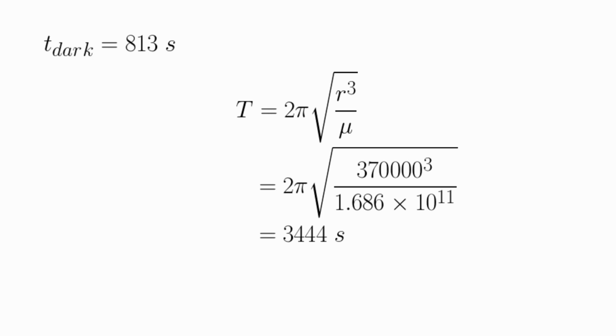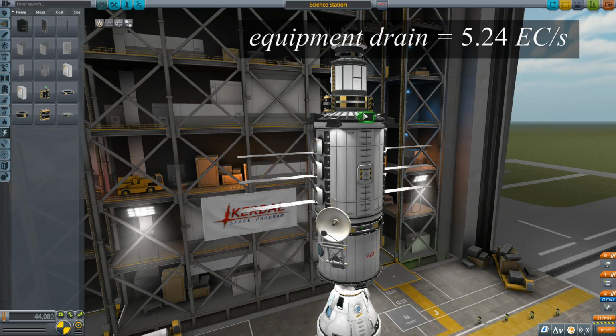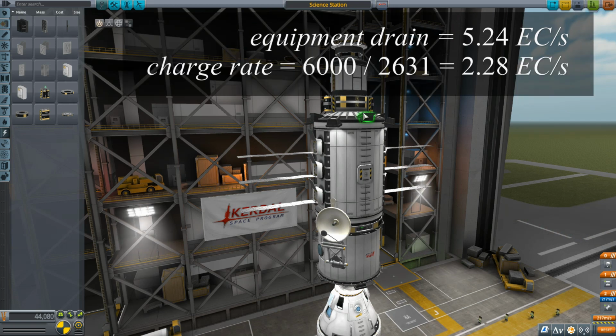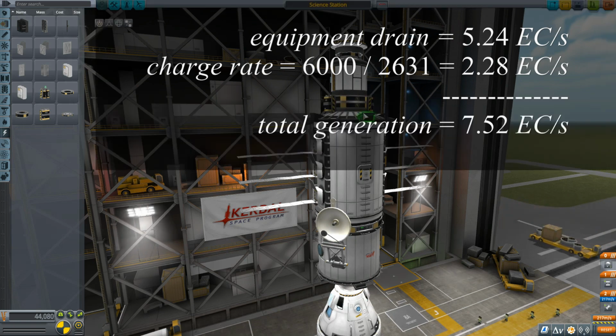Subtract the 813 seconds we'll be spending on the night side to realize that on the day side we are going to be 2,631 seconds in the light. So we have 2,631 seconds in which to charge up our batteries. We would like to get about 6,000 units of electrical charge going, so that means we need generation in and around 7.5 units of electric charge per second.